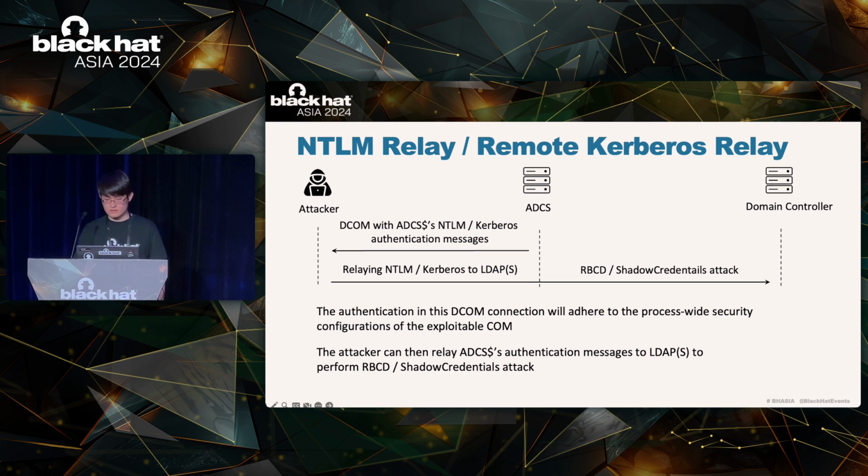The authentication in this DCOM connection will adhere to the process-wide security configuration of the exploitable COM. The authentication level will be connect, and the impersonation level will be identify. So the attacker can then relay the NTLM or Kerberos authentication to LDAP and perform resource-based delegation attack or shadow credentials attack with the ADCS machine account.